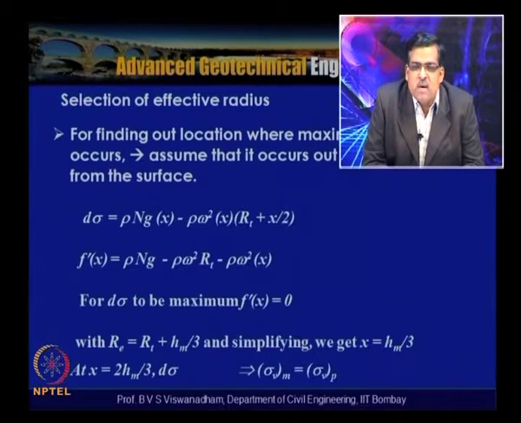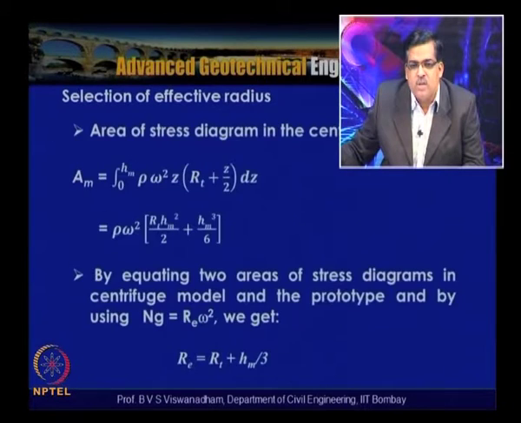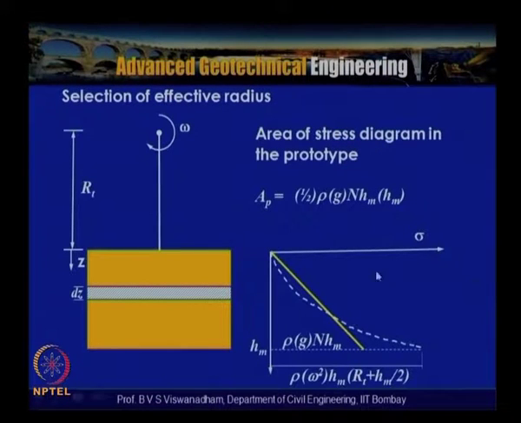This is the vertical stress in the model at a depth x. Now d sigma is the difference between the prototype stress and the centrifuge model stress, which is what we are trying to find out.